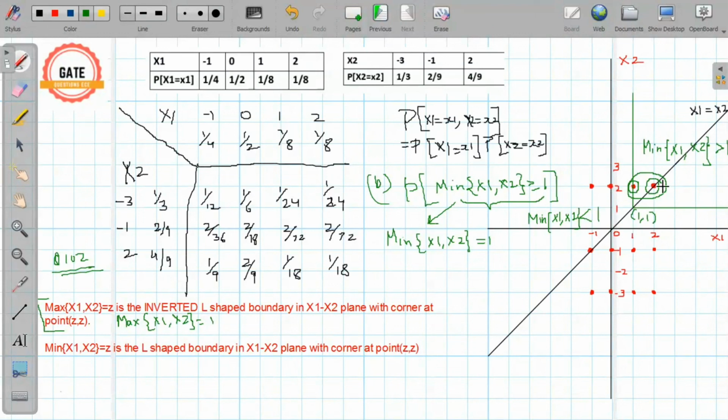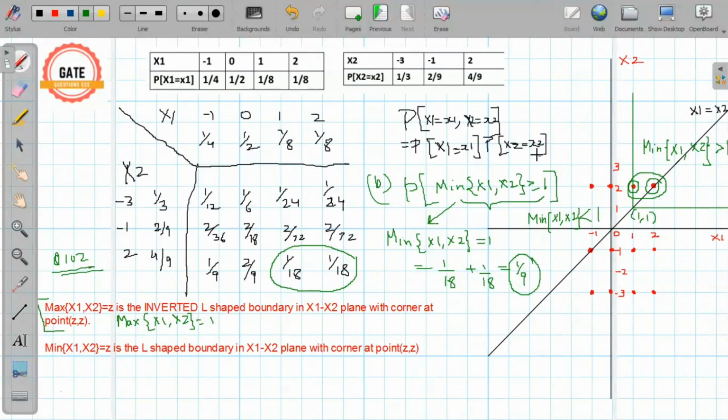So we will add up the joint probabilities of these 2 points, and that will give us the probability that minimum x1 comma x2 is greater than equal to 1. For these 2 points the probabilities are these 2 probabilities. So the answer will be 1 by 18 plus 1 by 18. So it will be 2 by 18, which will be 1 by 9. So that is the answer to this problem.